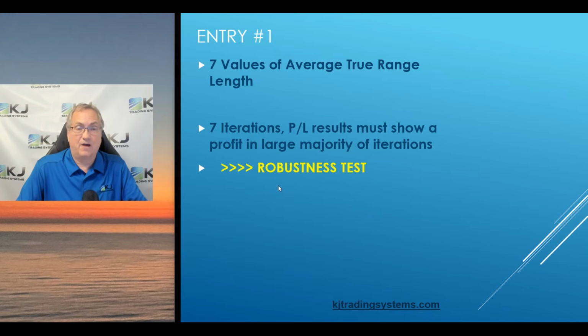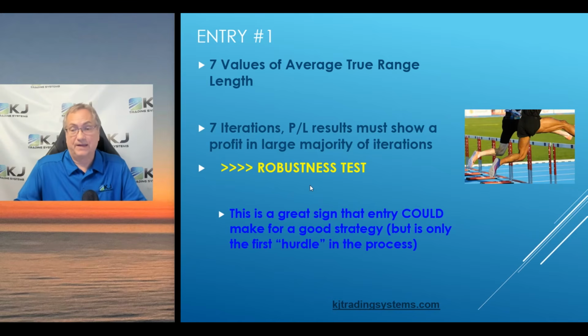And that's kind of a robustness test to say, well, hey, it works if you use different values of that average true range. Then that's saying it could be robust. It's just one hurdle in the normal tests I run, but it's a pretty decent hurdle. So if it works here, it gives me confidence that maybe it's worth testing a little further.